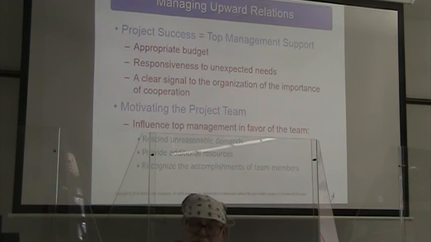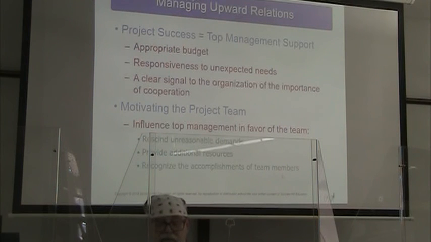Being on good terms with top management can mean we can get those additional resources that we need to be able to either finish on time or ahead of schedule, and get them to recognize the accomplishments of our team members.